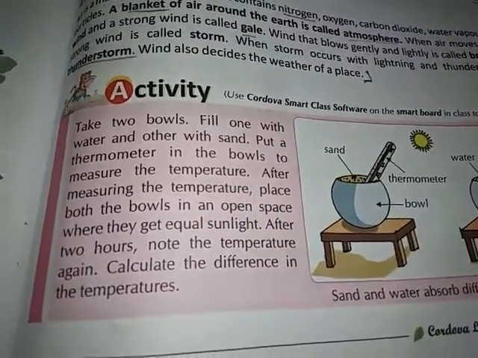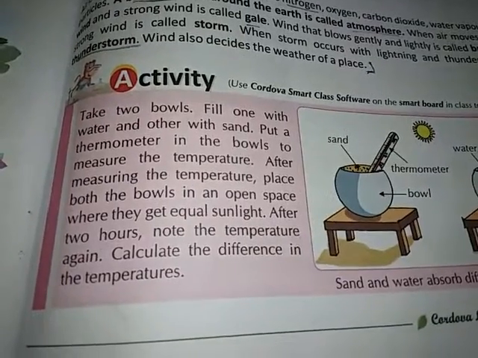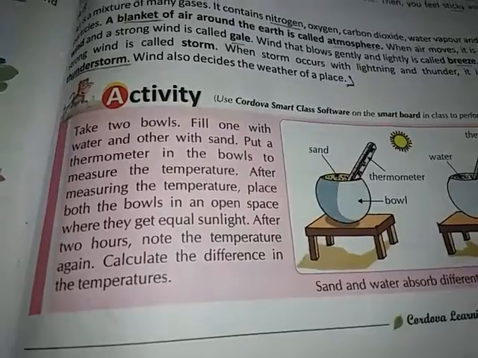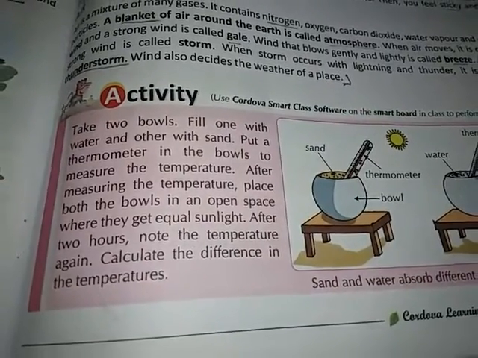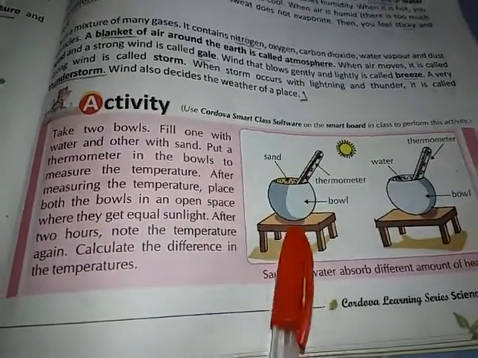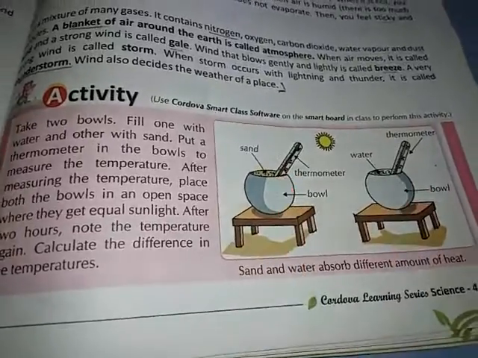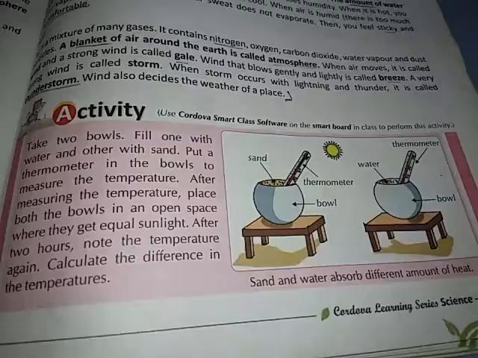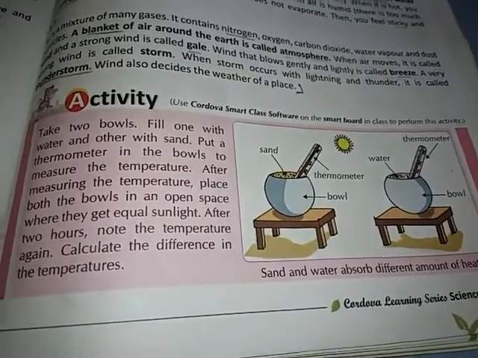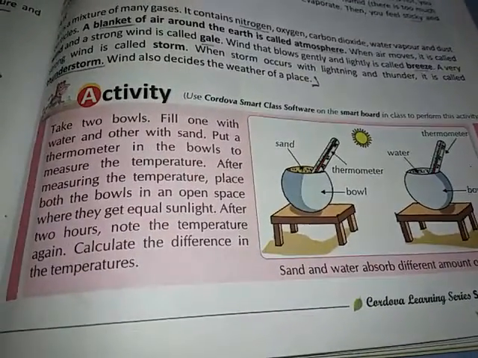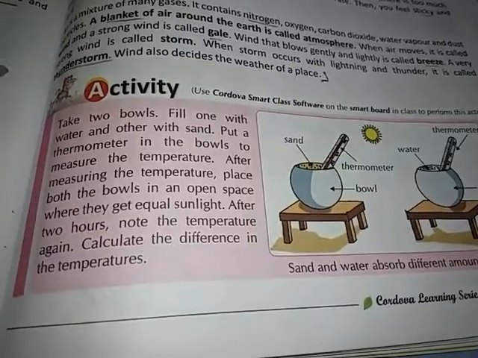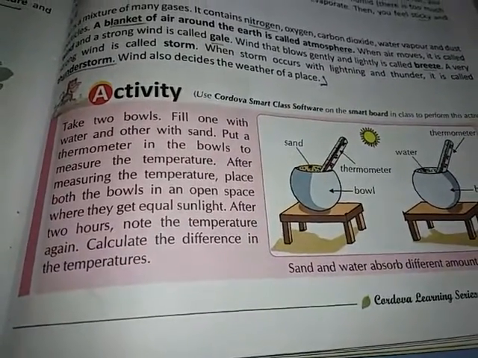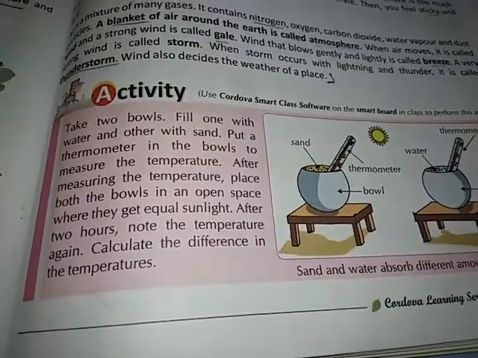After measuring the temperature, place both the bowls in an open space where they get equal sunlight. Then after measuring the temperature of both the bowls, sand and water, we have to put them in an open place so that they get equal sunlight.